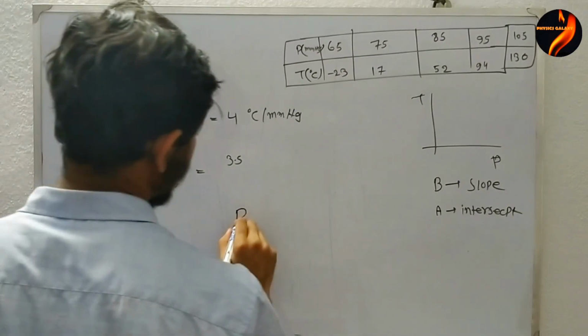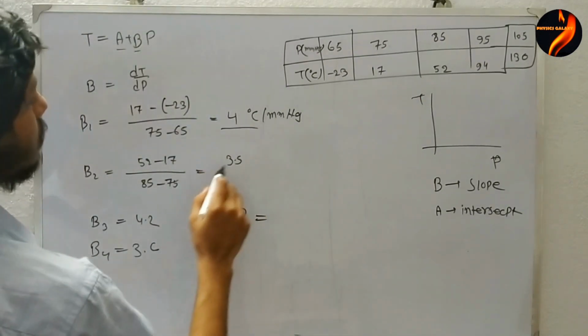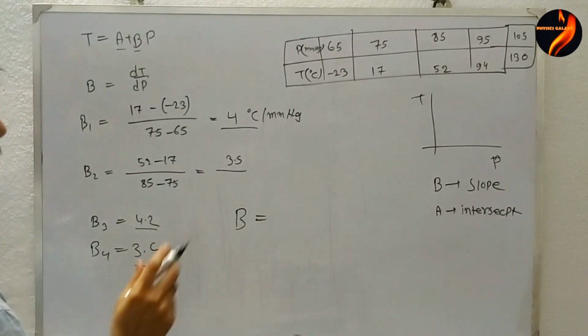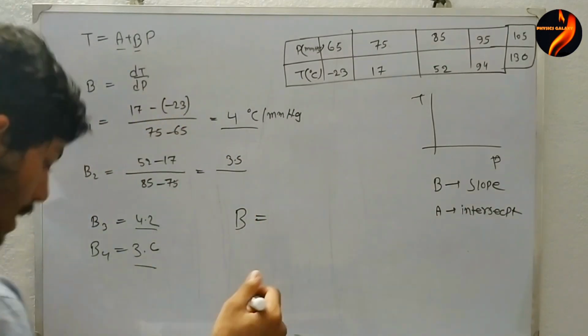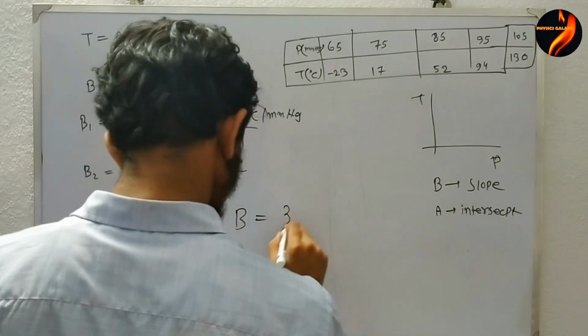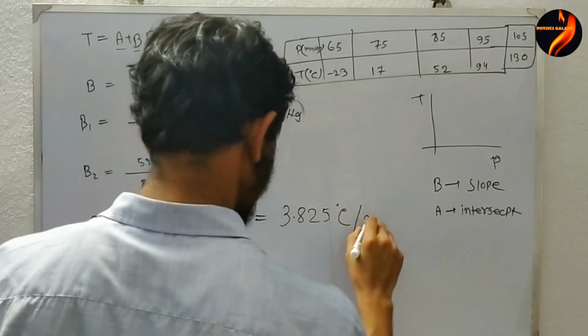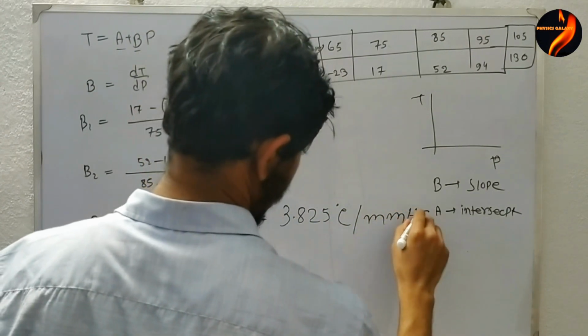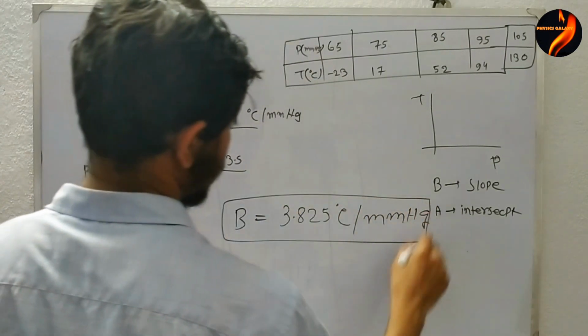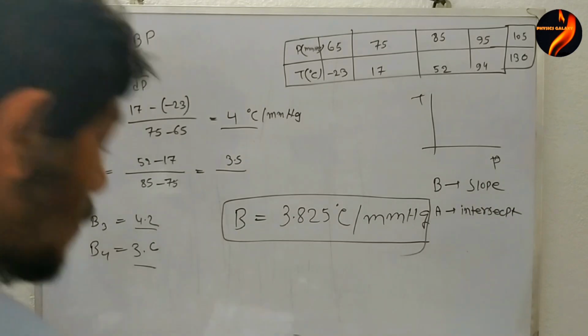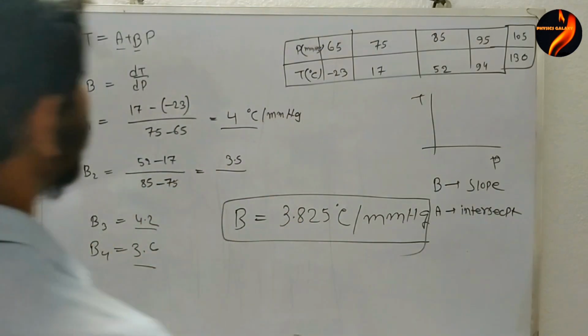So the average of these, that means this plus this plus this plus this divided by 4, will give you 3.825 degree centigrade per millimeter Hg. So this is the value of B, and now I have to find the value of A.